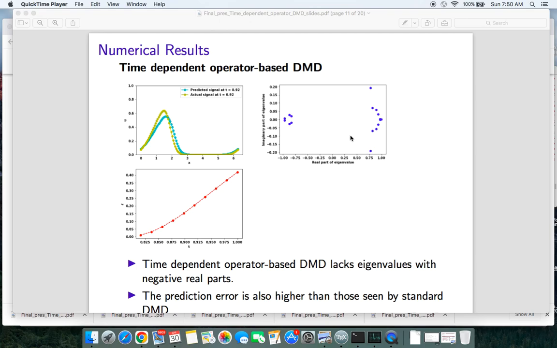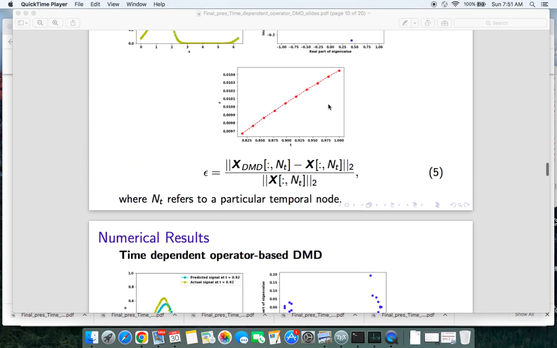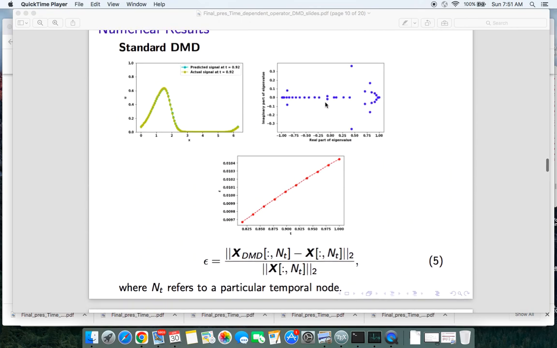This is the eigenspectrum, and that's the error changing with time. So time-dependent operator-based DMD lacks eigenvalues with negative real parts. We can see from the eigenspectrum that there are not that many negative real parts compared to what we saw here.